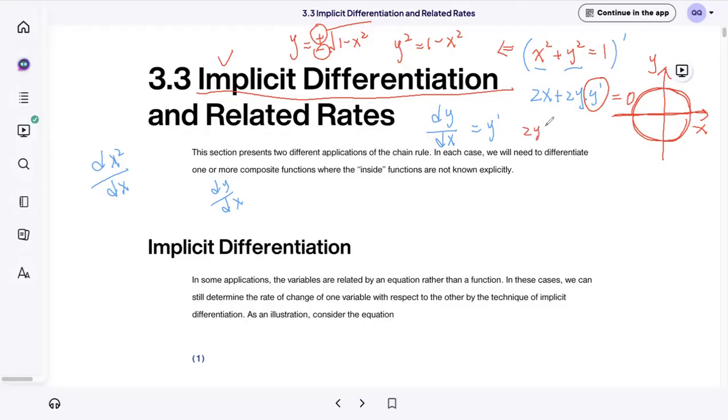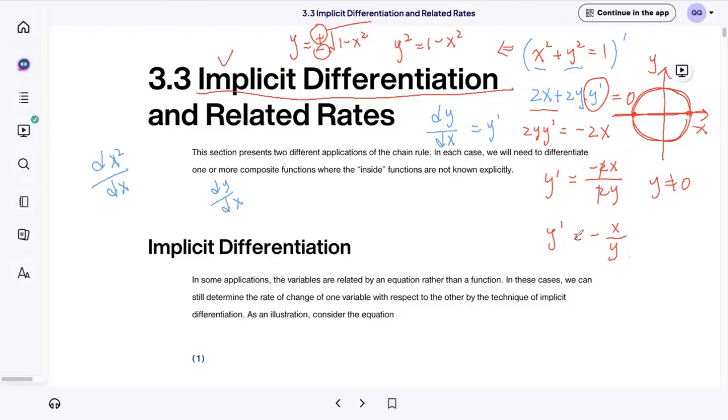So 2y times y prime equals, let's subtract 2x on both sides, negative 2x. Then we divide by 2y on both sides. So y cannot be 0. We cannot consider those 2 points. Then simplify this: y prime equals negative x over y.